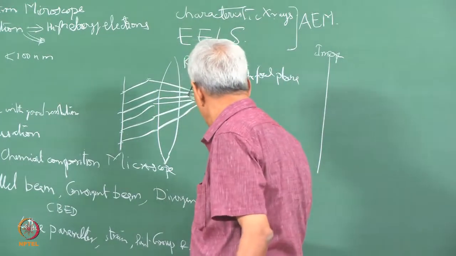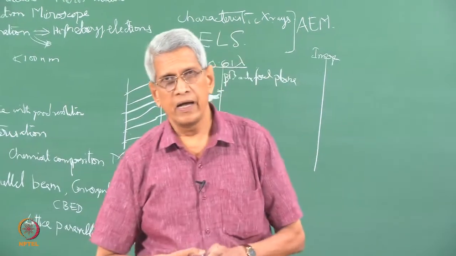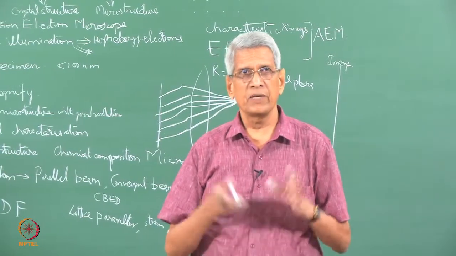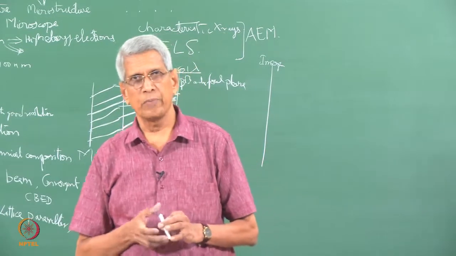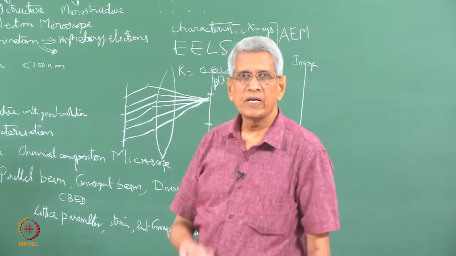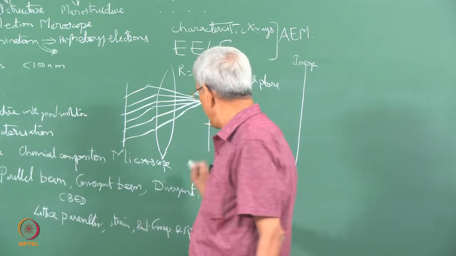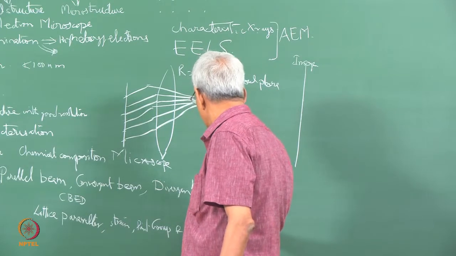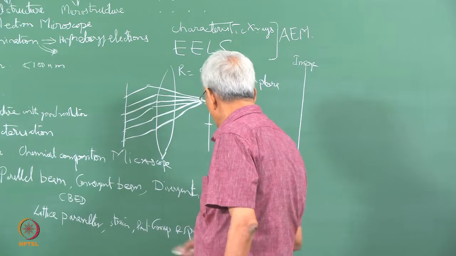Then the divergent beam. So far we considered the beam as a coherent beam. Whenever any inelastic scattering process takes place, the beam turns out to be an incoherent beam. If this incoherent beam is elastically scattered again because the material is crystalline, what it gives rise to is called Kikuchi diffraction.